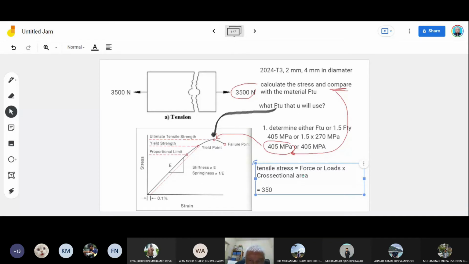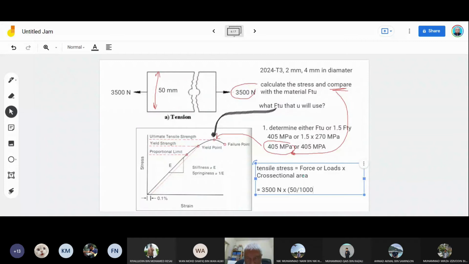So that equals 3,500 Newton, times the width here, 50 mm. And you have to turn it to meter. That is a must.